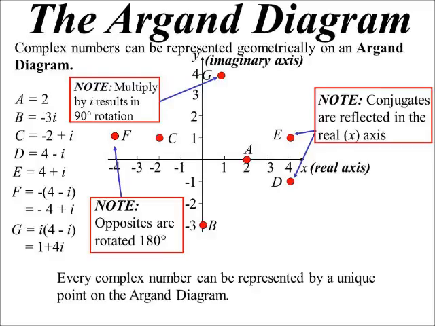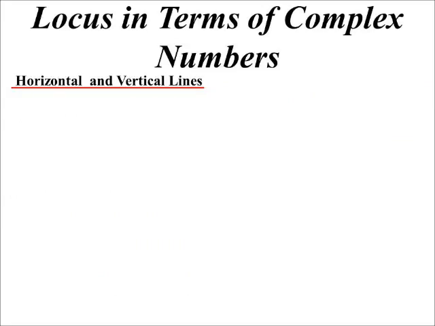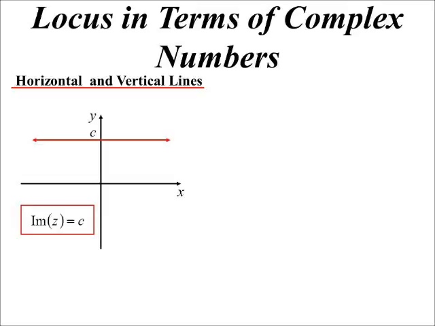So every single complex number has a unique position on our Argand diagram. So I can now describe lines in the Argand diagram similar to the way we did it on the number plane. A horizontal line, in Cartesian geometry, we would have said, that's the line y equals c.